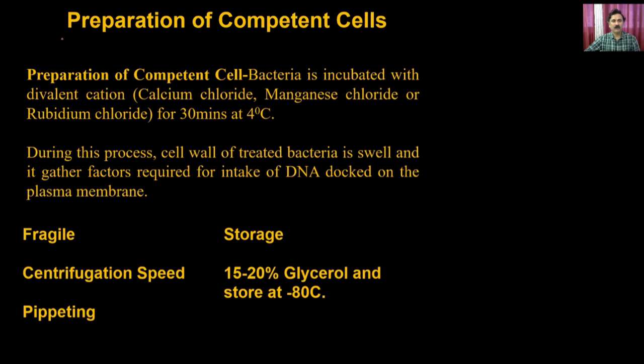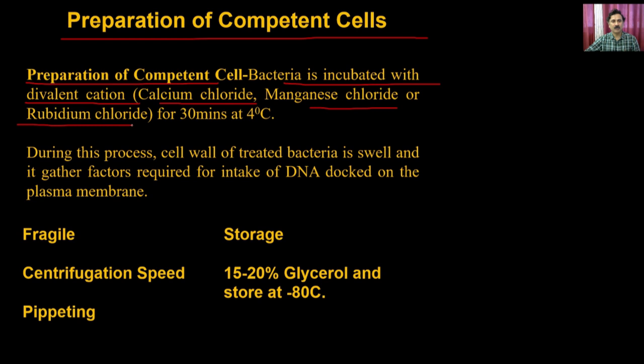What you have to do when you are preparing the competent cells? For the preparation of competent cells, bacteria are incubated with a divalent cation, for example calcium chloride, magnesium chloride or rubidium chloride, for 30 minutes at 4 degrees Celsius.